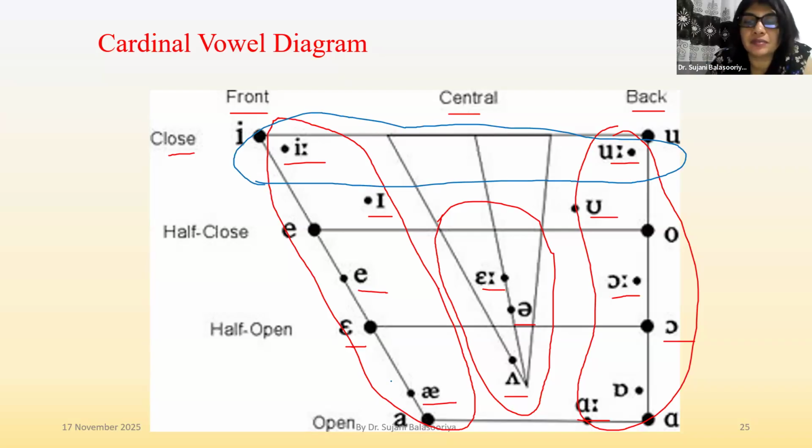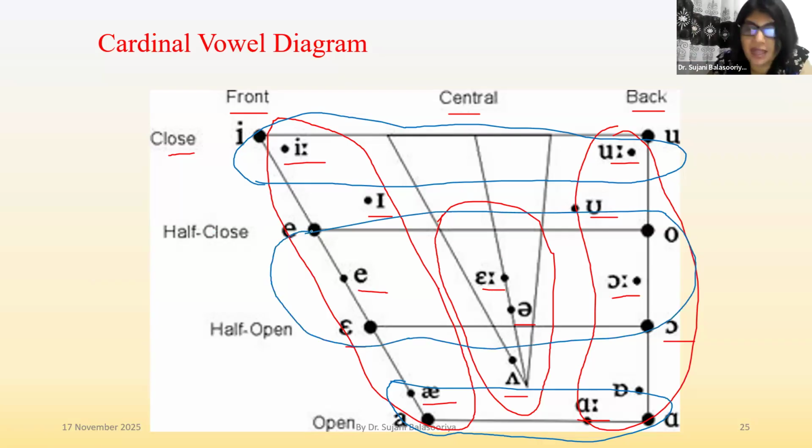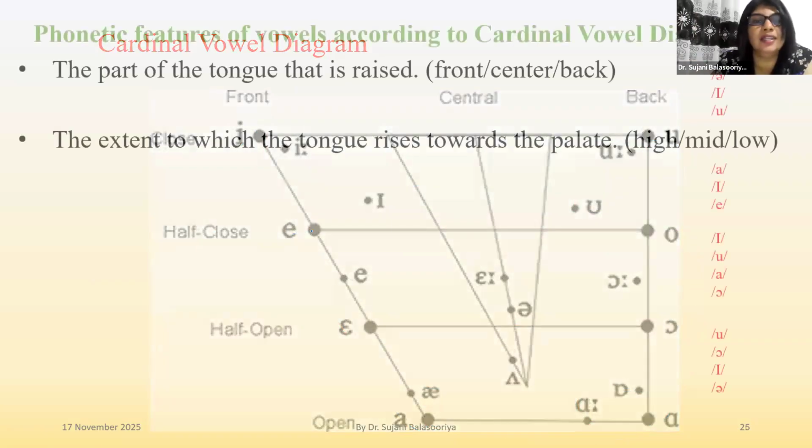And the low level? These vowels. A, A. Our tongue lies quite down inside the mouth when we pronounce or produce A and A compared to E, U, right? And there are mid levels also, which means mid vowels like A, O, right? These are mid levels. Okay, right. So that is the second criterion.